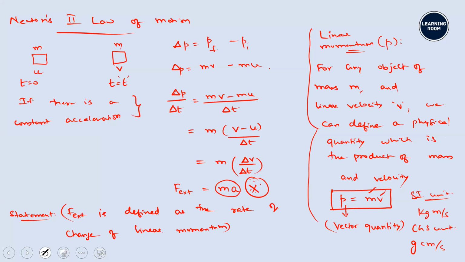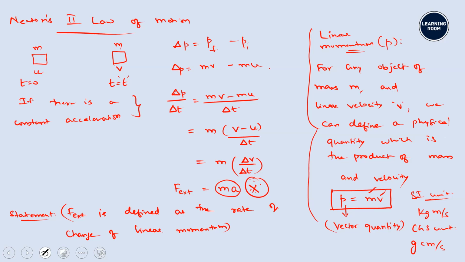Next. Since I told you acceleration in both the scenarios was zero, if I take acceleration equal to zero and put it here, what will happen? External force is zero. So what does Newton's second law state? F external is equal to m into a. If the acceleration of the object is zero, it can happen under two scenarios. What are they? One is when the object is at rest, or when the object is in uniform motion.